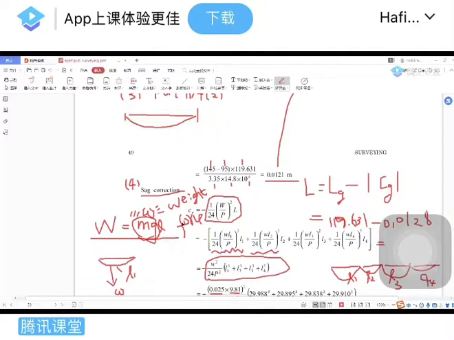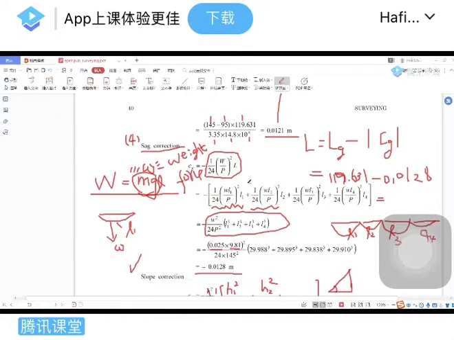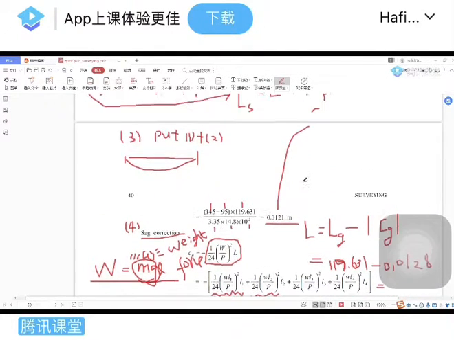For 4, just redo this bit. Check this one again. Probably the solution will be the same, and the final answer will be this one. Okay, this is 4. Then 5, the last one.